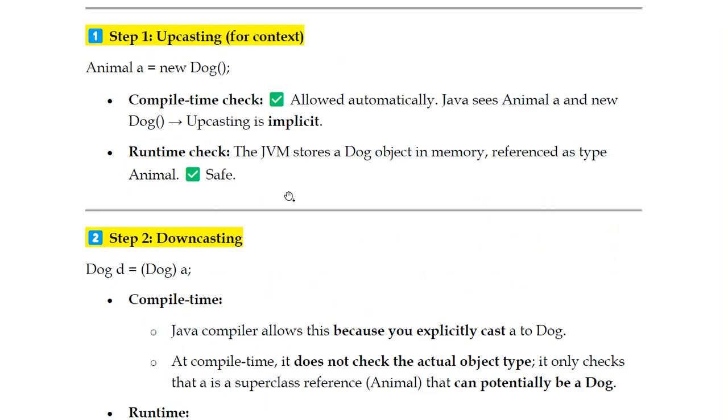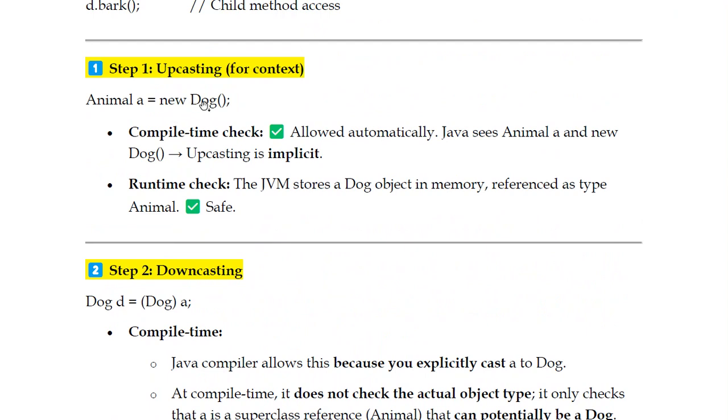At runtime, the JVM checks the actual object in memory, whether it has been created or not.